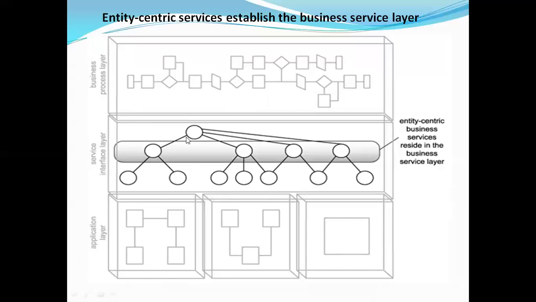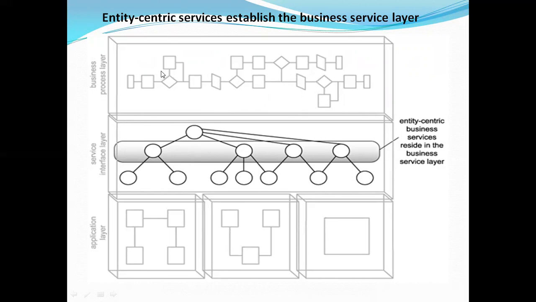So this is the main business service, and this main business service is based on the entities required. These 4 entities are required for processing this particular business service, and the client can access these services with the help of their client application. And here the business process layer includes the processing logic.